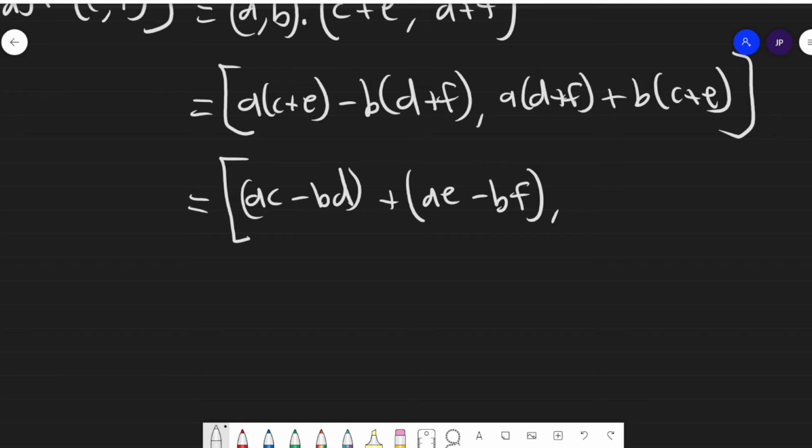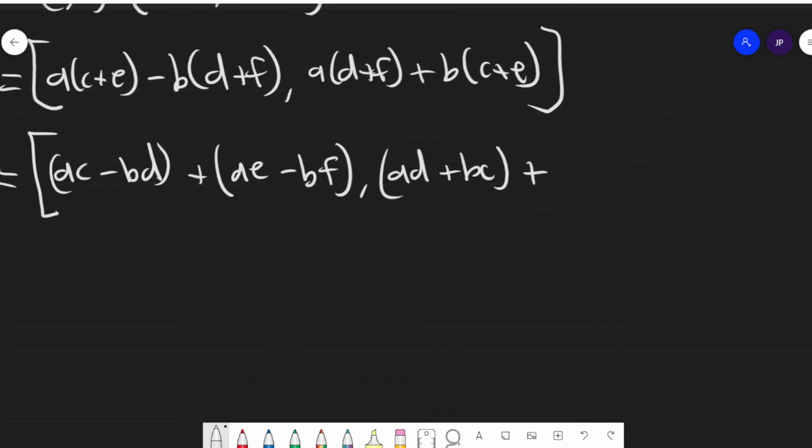And then here, same thing, I'm going to say it is AD plus BC, which I will associate. And then plus, I'm going to associate the others. I'm going to say it's AF plus BE.